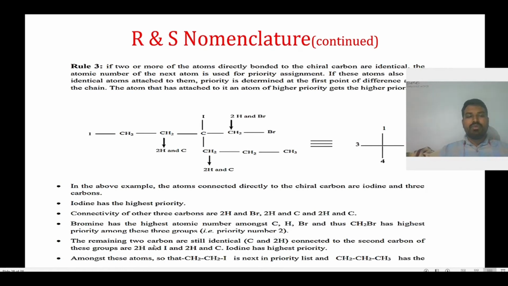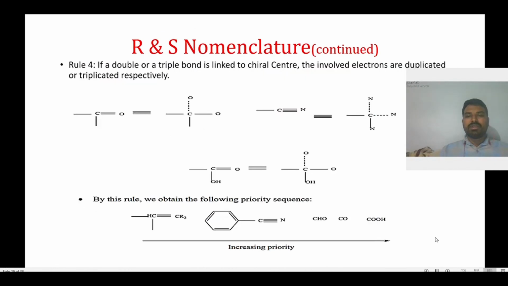The remaining two carbons are still identical, C and 2H. Connected to the second carbon of these groups are 2H and I, and 2H and C. Iodine has the highest priority amongst these atoms, so CH2CH2I is next in the priority list, and CH2CH2CH3 has the third priority.